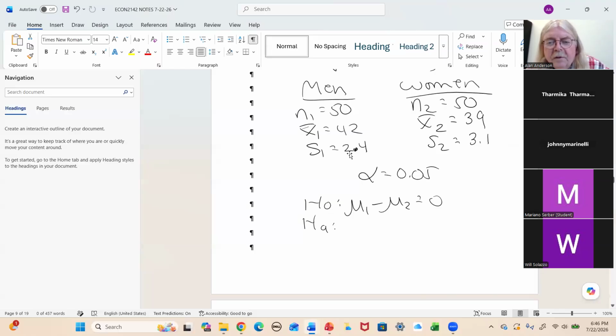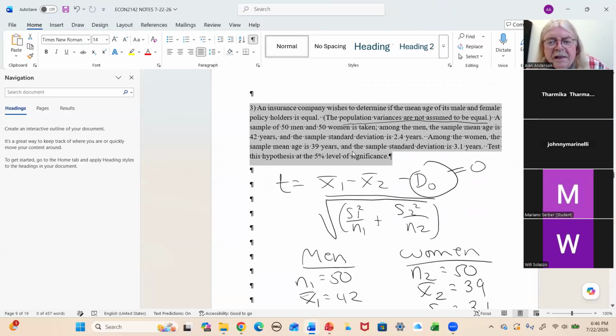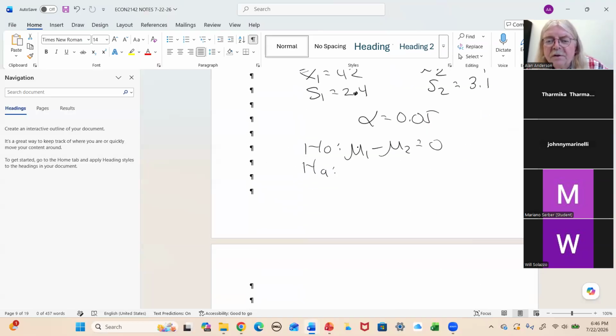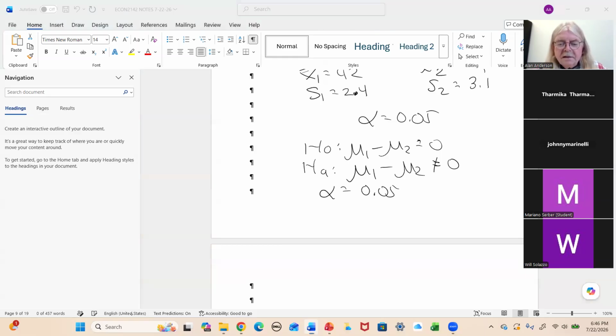So you notice how the way the question was worded, they want to know if the mean age is the same or equal, which means that the alternative is that they're not equal. It's a two-tailed test. All right, the alpha, as we can see here, is 0.05. The test statistic.